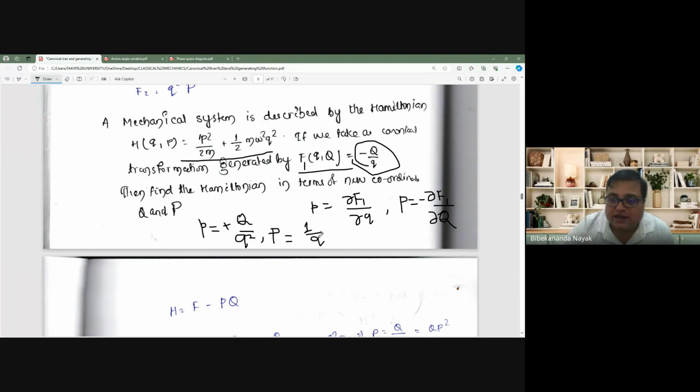So we know that capital P is equal to 1 by q and the small p is equal to capital Q by q square.